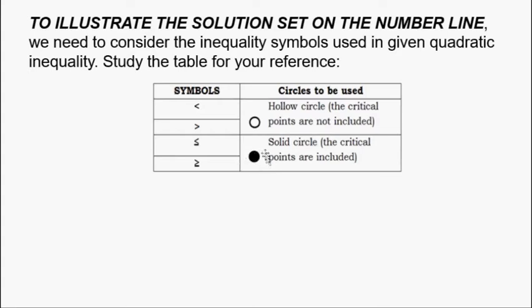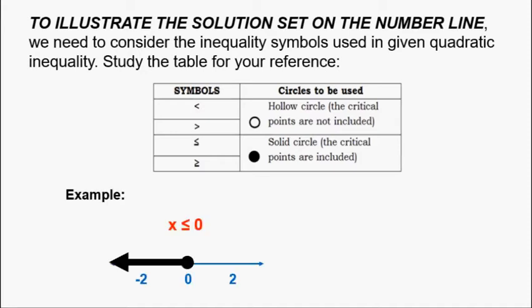Okay, ibig sabihin, yung mismong value na tinutukoy natin is included sa solution set. Okay? And then kapag hollow circle naman, ibig sabihin, hindi siya kasama. Siya yung boundary. Okay? So, let us have some example para mas maunawaan ninyo. So, we have x is less than or equal to 0.